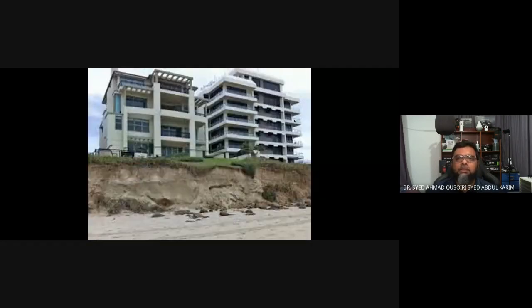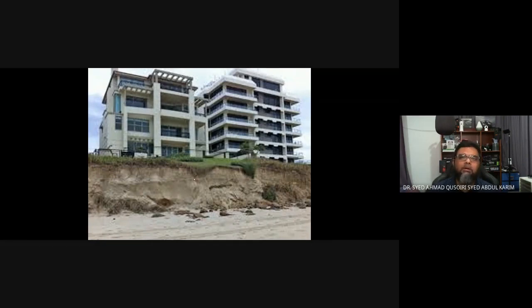So you can see here that the sea has begun to reclaim, okay, the coast, and there is an expensive structure here, okay, which is located near the coastline. So in order to save this structure, a hard engineering coastal protection technique needs to be implemented.